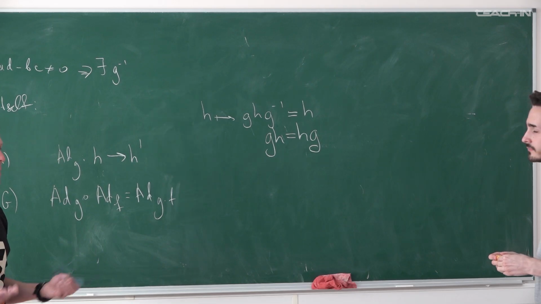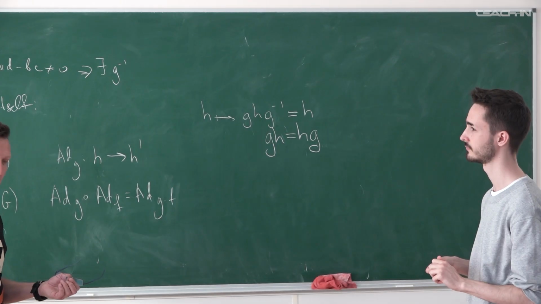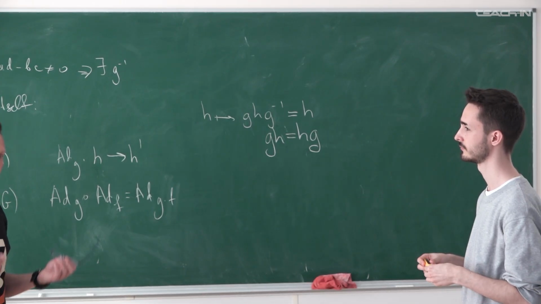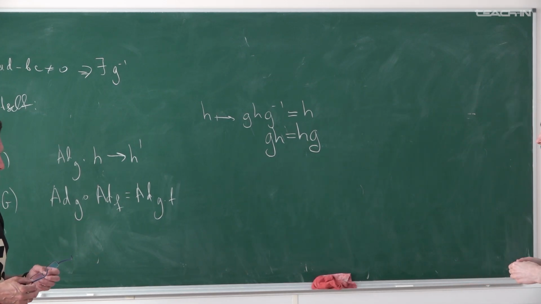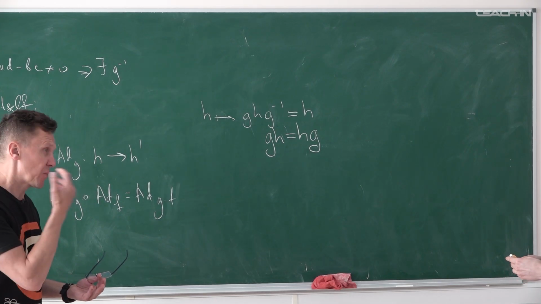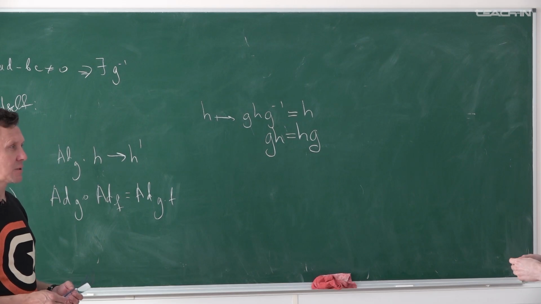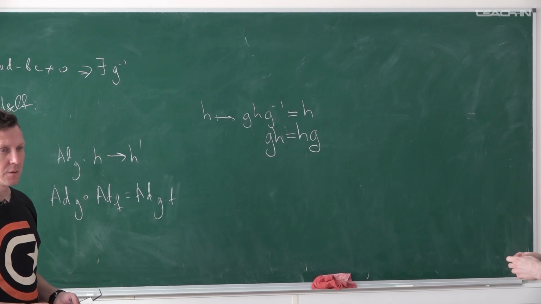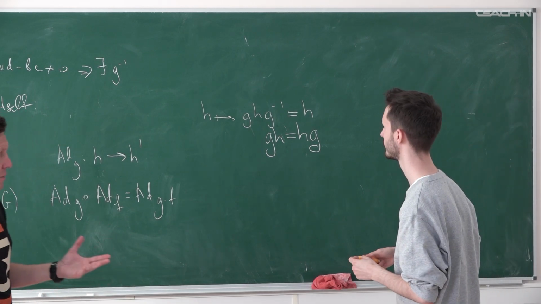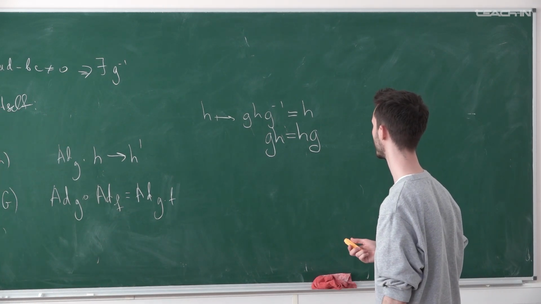So the statement is that in each orbit you can find a canonical Jordan matrix. Could you find different canonical Jordan matrices in one orbit? No. It means that there is a correspondence between orbits and canonical Jordan matrices. And the question is now to parameterize canonical Jordan matrices. What are they in the case of GL2?